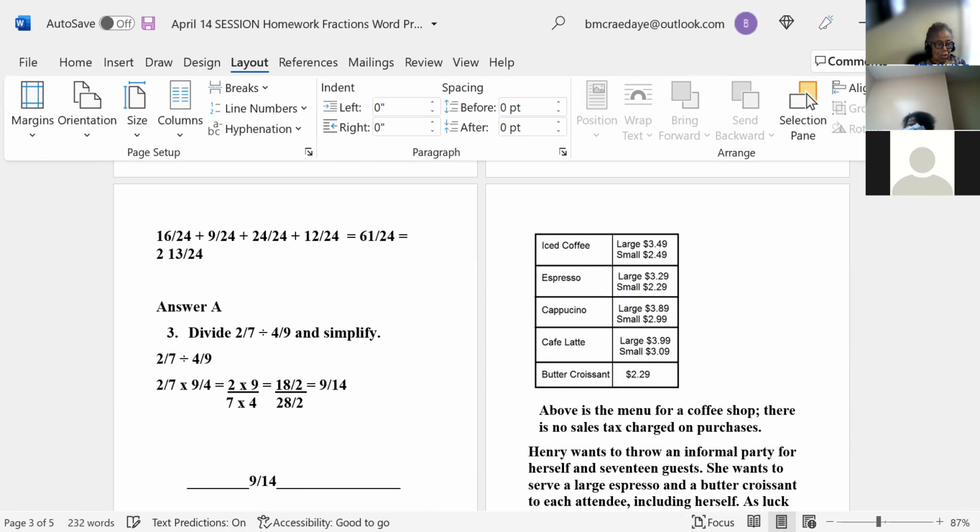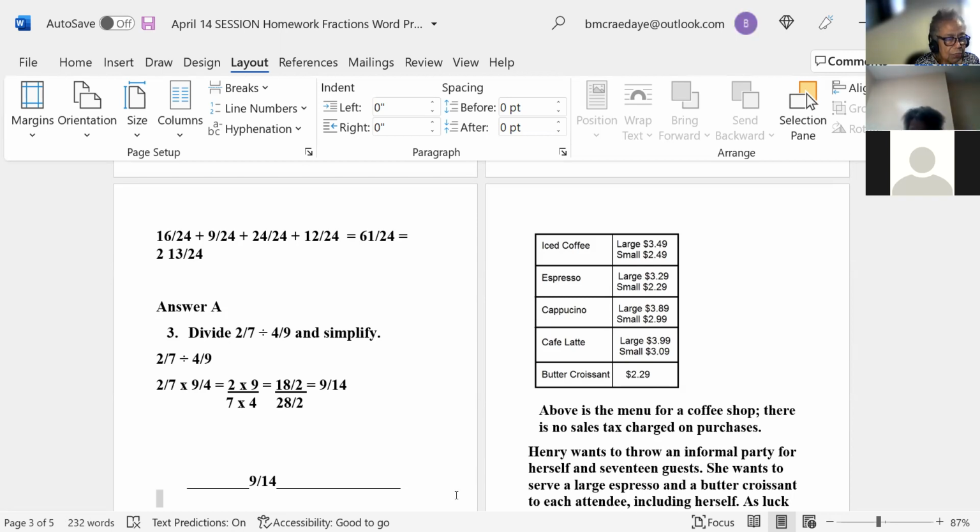Any questions on division of fractions? Repeat the rule, Maureen, for dividing fractions. When you divide fractions, you multiply and turn the fraction upside down.